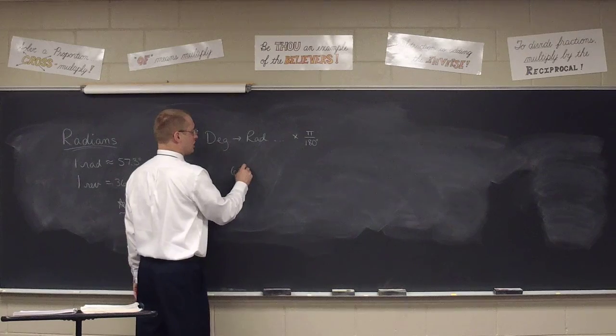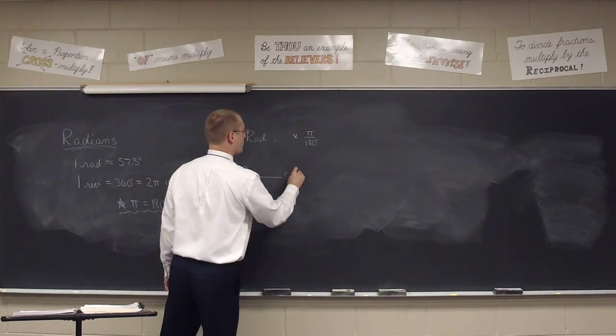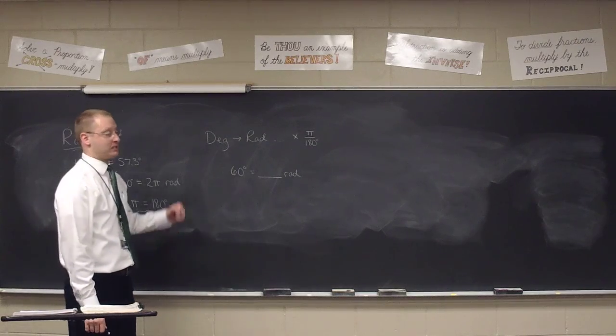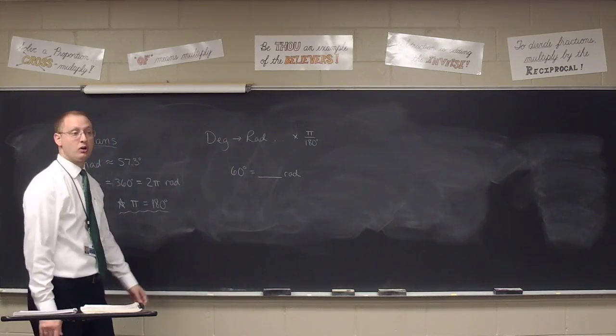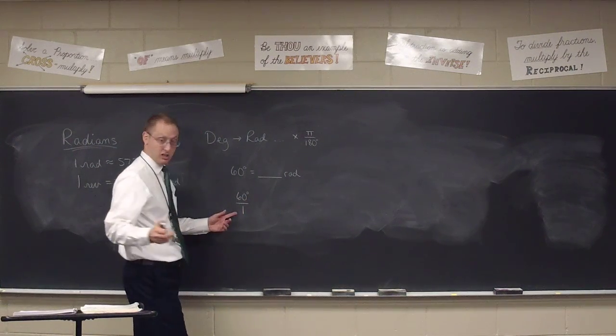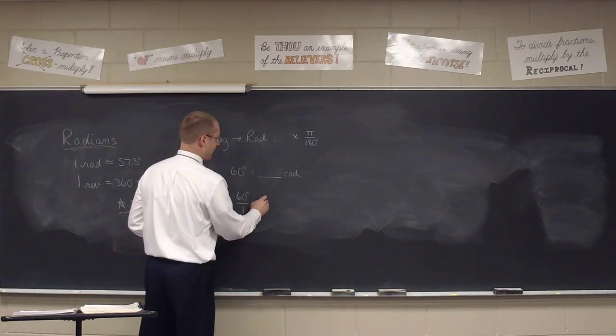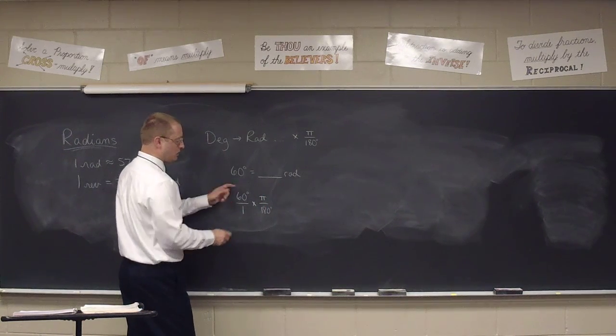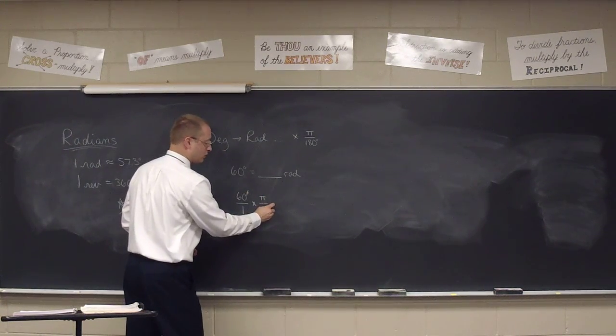Suppose we had 60 degrees and we wanted to know how many radians that was equal to. All we'd have to do is multiply by pi over 180 degrees. So 60 degrees, and we'll put it over 1, just like in dimensional analysis, and we'll multiply that by pi over 180 degrees. Now, you'll notice that the degree symbols cancel.